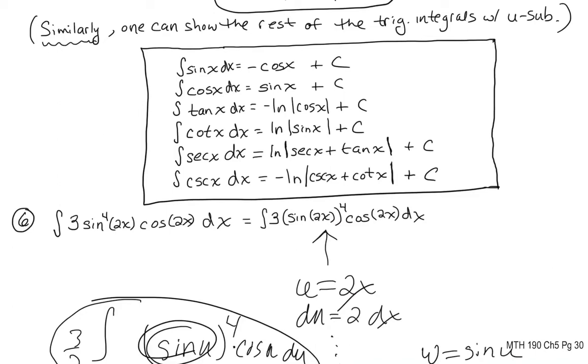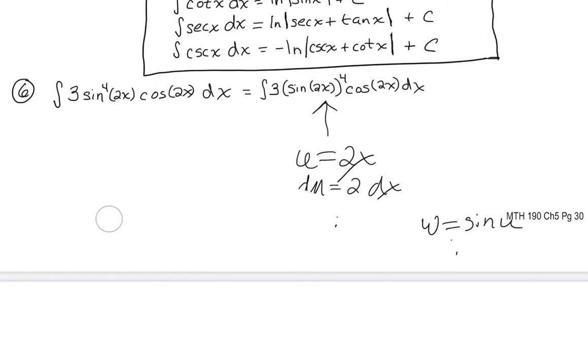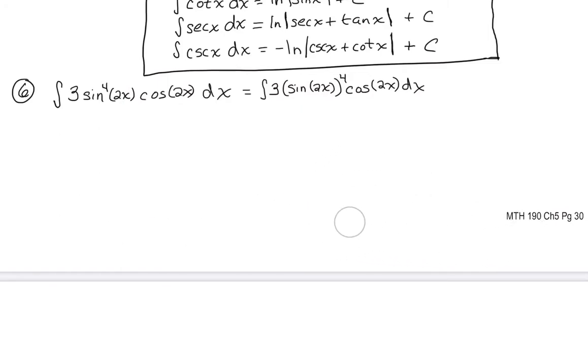And that's okay. But my advice would be, let's start with the biggest problem, or the biggest inside function. And really the biggest inside function that we have here is this whole sine of 2x function that's being raised to the fourth power. That is our biggest problem. That is our biggest inside function. So we are going to start by letting u equal sine of 2x.